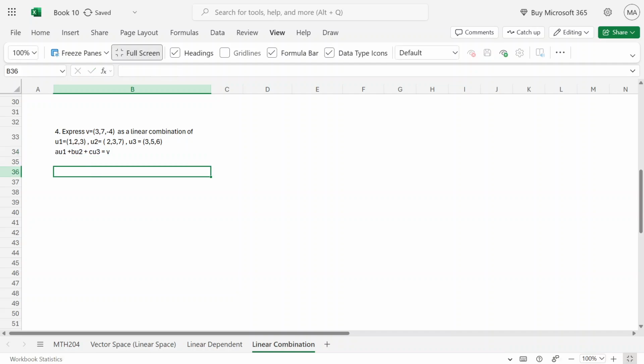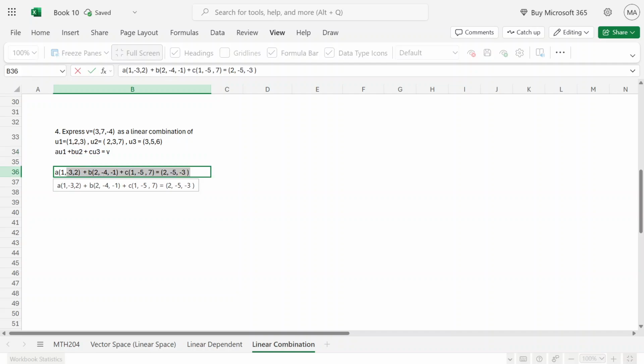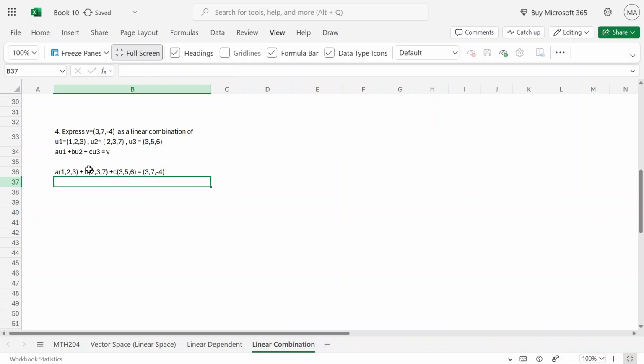So by rewriting that, you have a times 1, 2, 3, plus b times 2, 3, 7, plus c times 3, 5, 6 equals 3, 7, minus 4. So that's it.